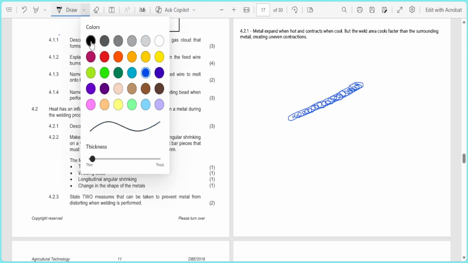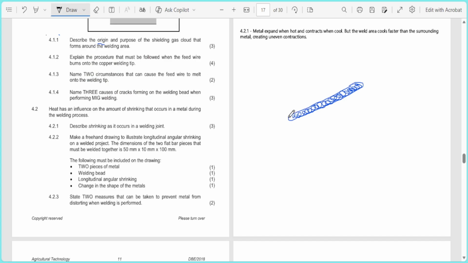Then I'm gonna use maybe black to represent one metal part, and it's gonna look something like this. I'm gonna create sort of like a bend in the middle to create that distortion illusion. Okay, so for the other piece, let's keep the black going, and we're gonna have something like this and connect it like this and have that bended area again.